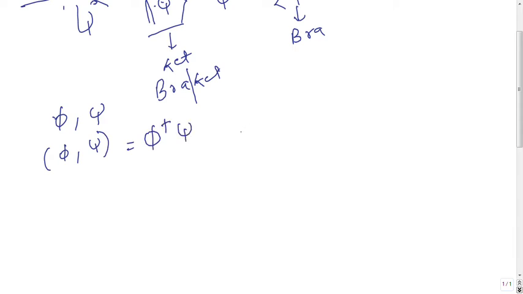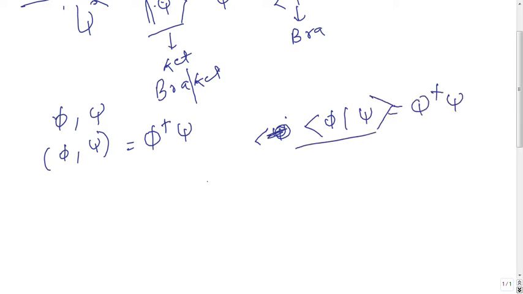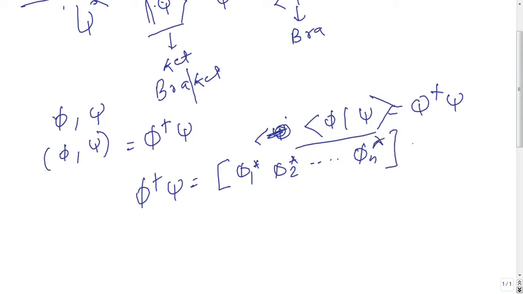In our Dirac bracket notation it becomes phi xi, and phi dagger xi is phi 1 star, phi 2 star, that is, the complex conjugate of the components of the vector phi, times xi 1 up to xi n.